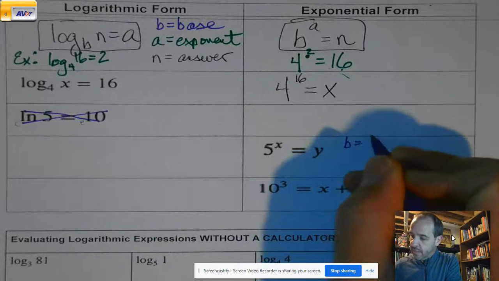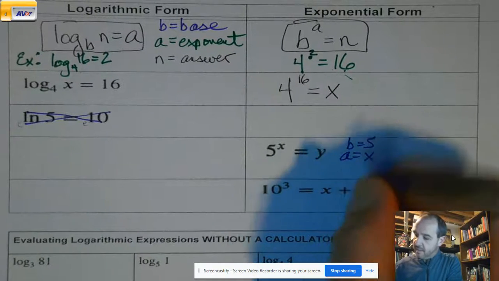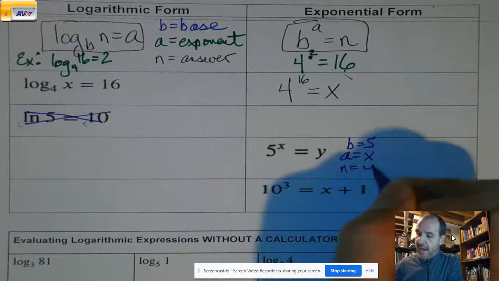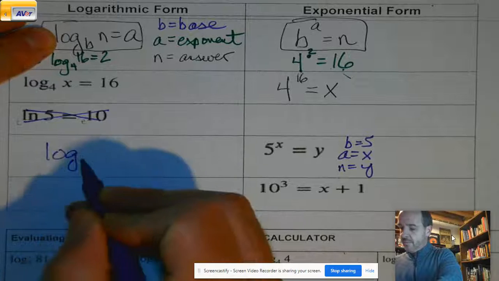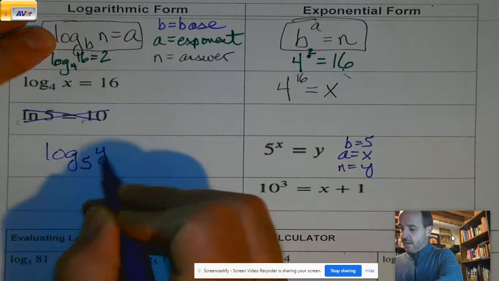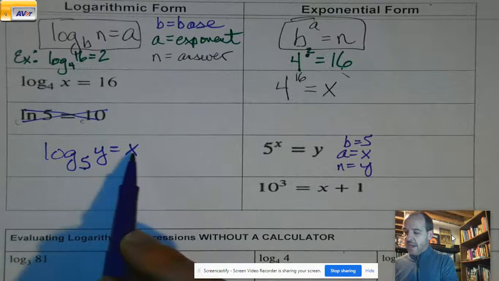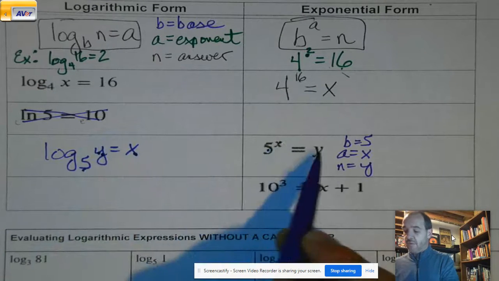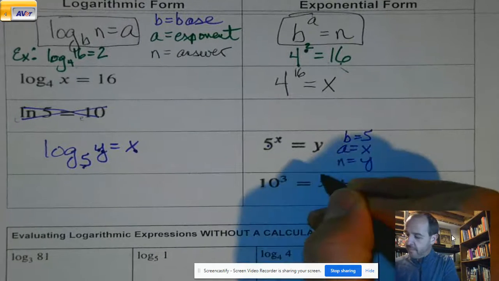So here B would be 5, A would be X, N would be Y. And so then you can just kind of follow here and go log B. And you look at it and you're like, oh, 5 to the X power equals Y. Base, exponent, answer. 5 to the X power equals Y. Okay, and it kind of makes more sense that way.